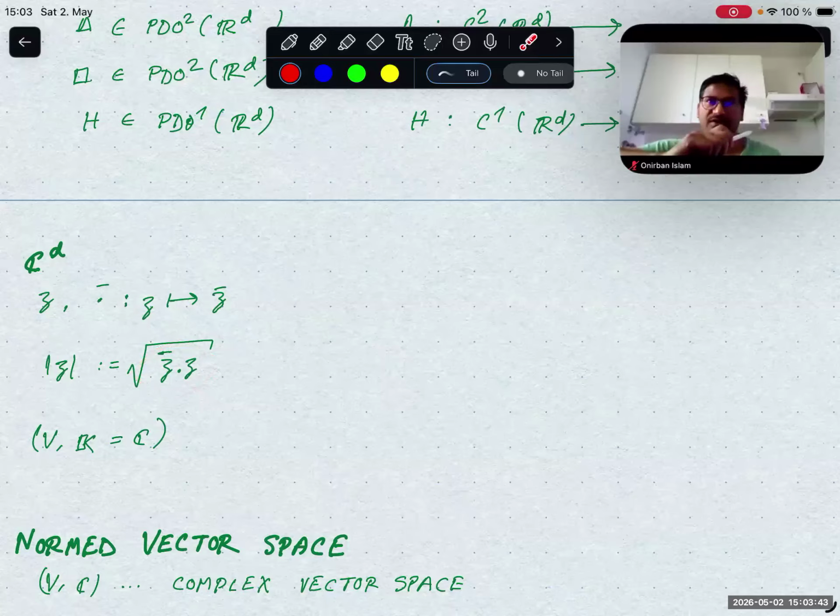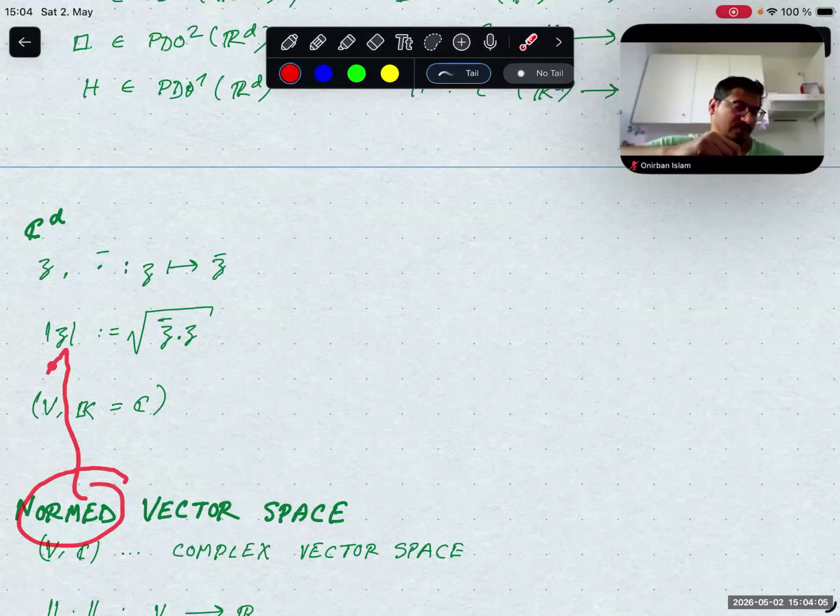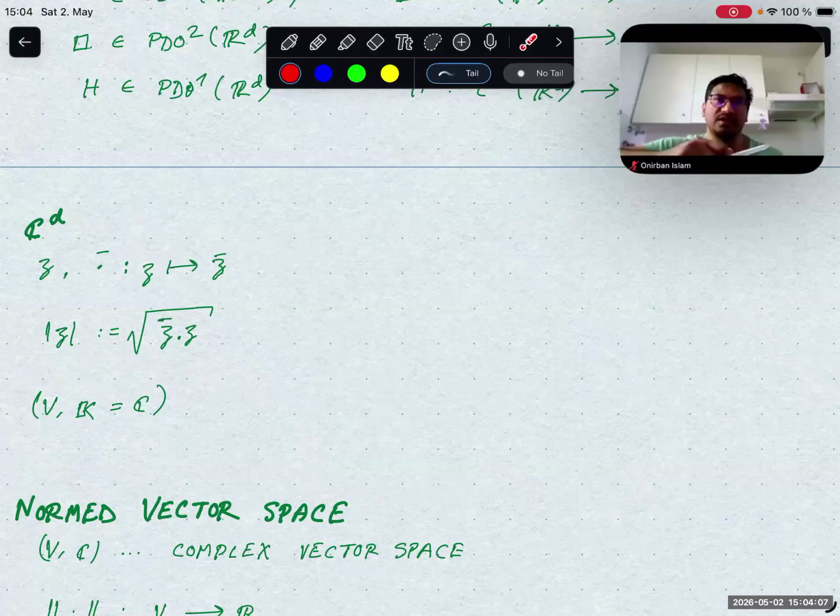So, like yesterday, we introduced norm as a generalization of this. Now we are going to introduce inner product space as a generalization of the inner product in C^d. So let us start.